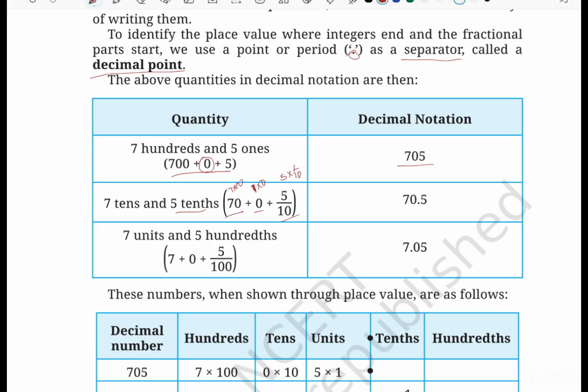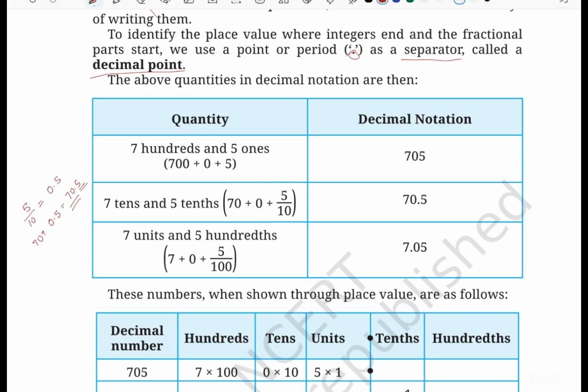So 70 is the integer part and 5 by 10 is the fractional part. When we divide 5 by 10, it becomes 0.5. So 70 plus 0.5 is 70.5. 5 is the decimal part.